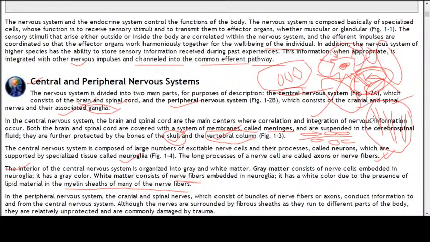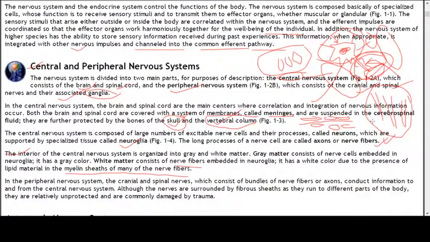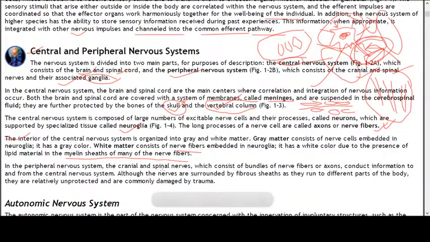So why is it white? It is white because it consists of a myelin sheath, and the myelin sheath is white in color. Myelin sheath is not present in the head, therefore it is gray in color. If there was an absence of myelin sheath, it would have been gray, I guess.